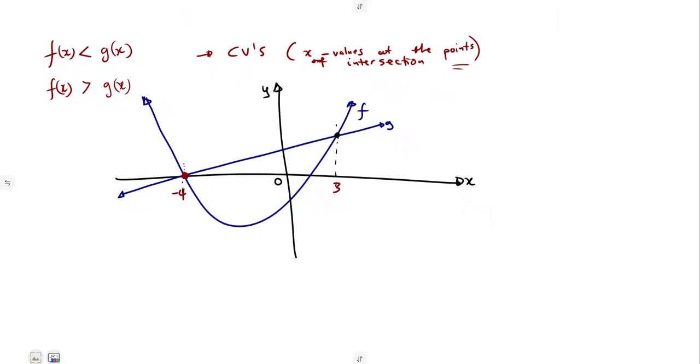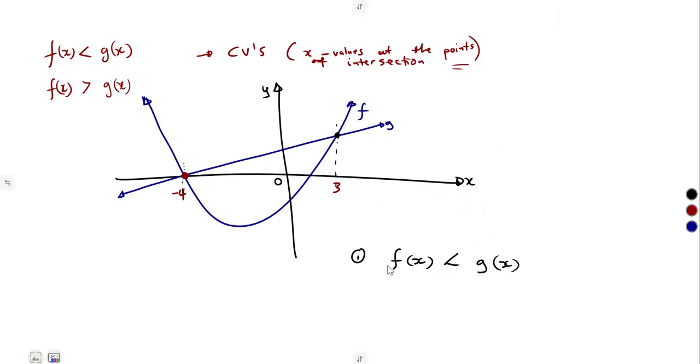So we are still working with these values, -4 and what? And 3. But I want us to consider the first condition. When we say f of x is less than g of x like this, it does not mean it is negative, no. It means in terms of its values, the y values are less than those y values for g.